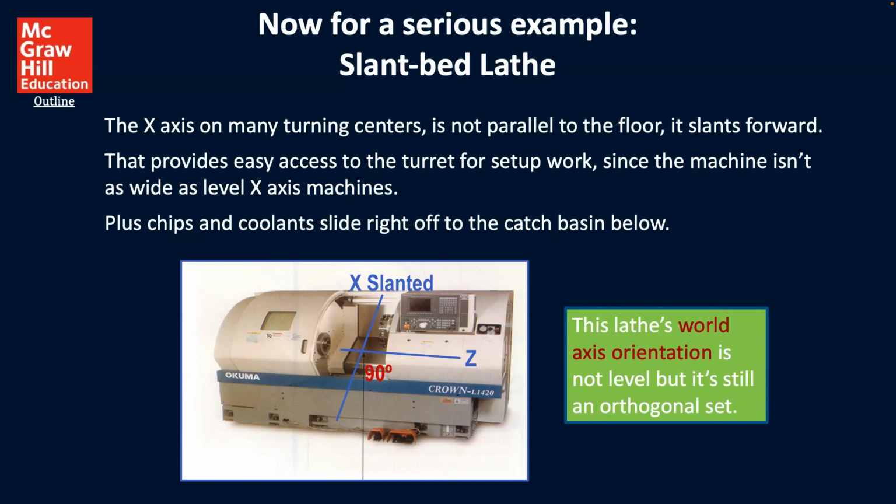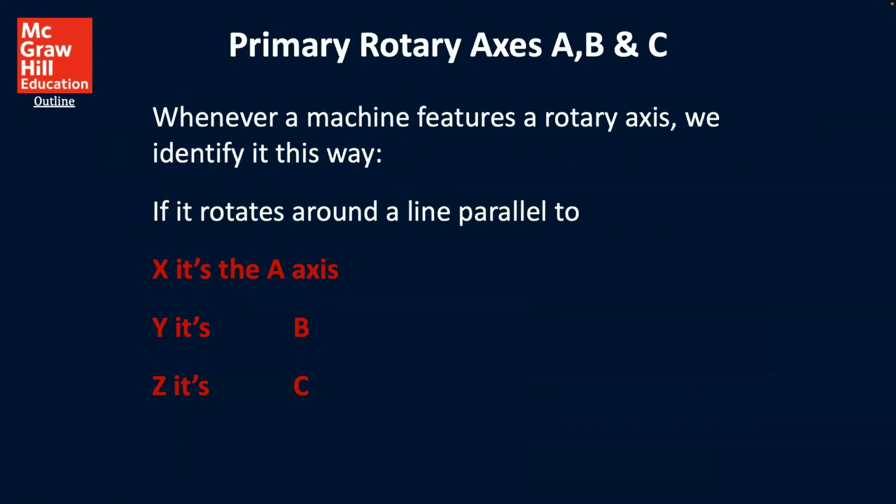Plus, chips and coolant slide right off into the catch basin below. So this lathe's axis orientation is not level, but it's still an orthogonal set. Relative to each of the coordinates, they are orthogonal to each other. They're all at 90 degrees from each other.